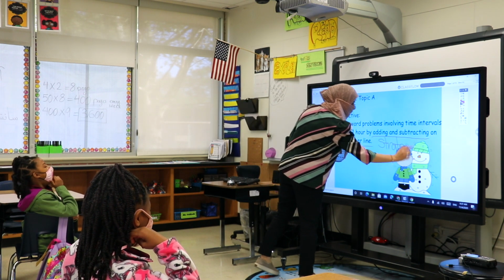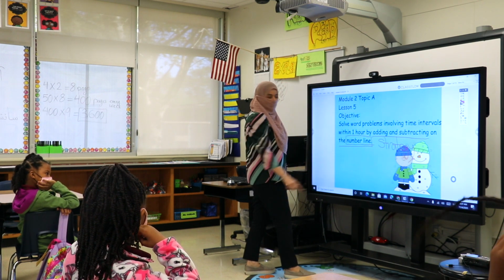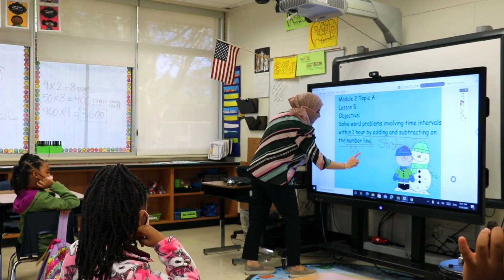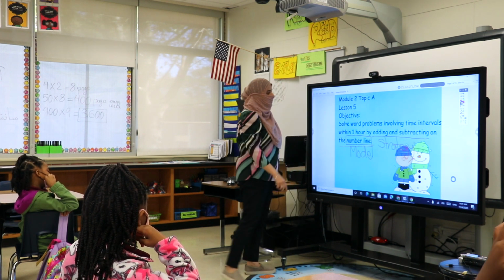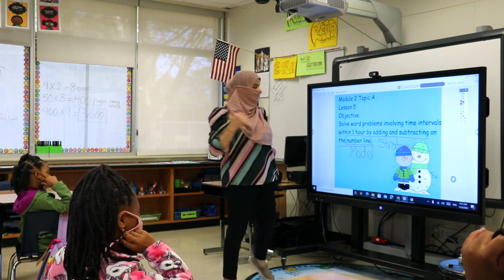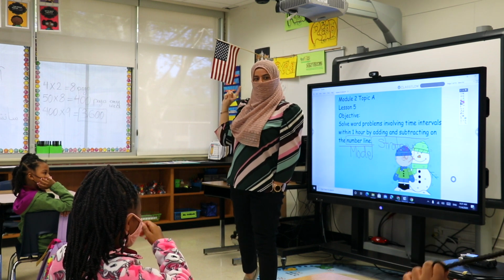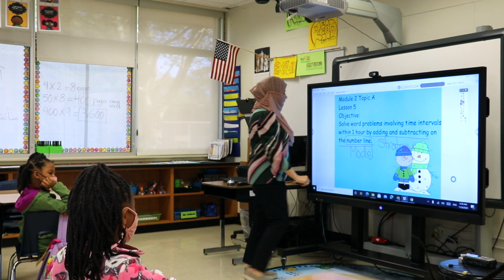Okay? This is our strategy. Our number line is the model. Thank you. This is our model. Now we add and subtract, or we count on, or we count backwards by fives and by ones. Okay.